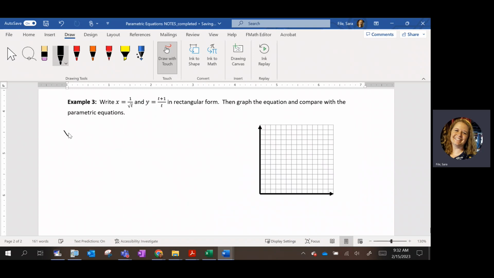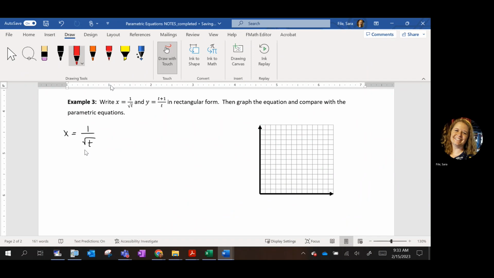I'm going to solve the x equals equation for t. What am I going to do to solve for t? I could do that first, but it might be better to first try and just get it out of the denominator.